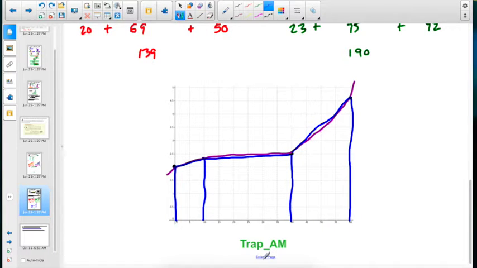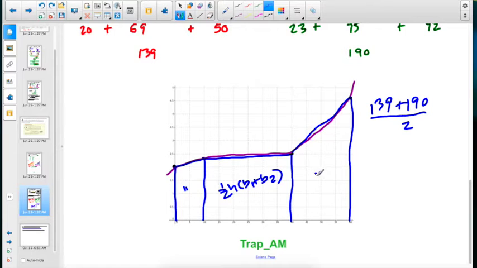And so to find that area, then we're just going to take the 139 plus 190 divided by 2. You could actually do the trapezoid equation for each one of these things, also here and also here if you wanted to.